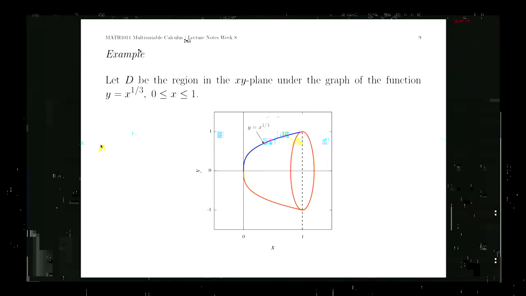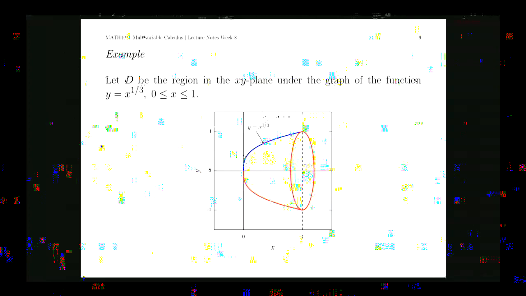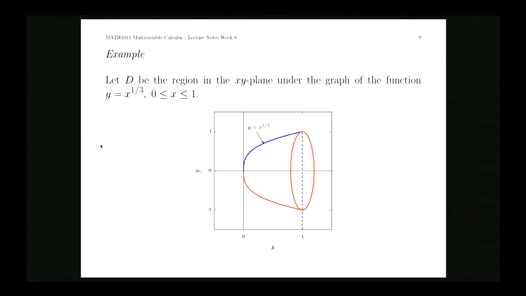Well, if I do vertical slices and calculate the area of all those slices, the area would just be pi r squared, wouldn't it? The radius of any slice is just this distance, the value of the function. So the area of an individual slice is pi times x to the third all squared.